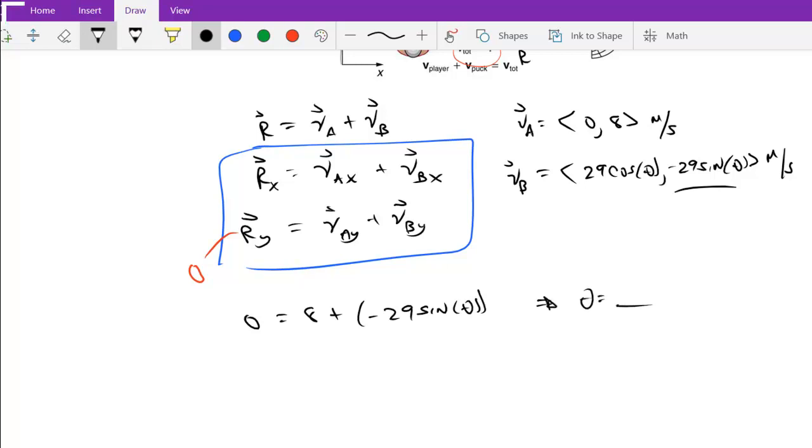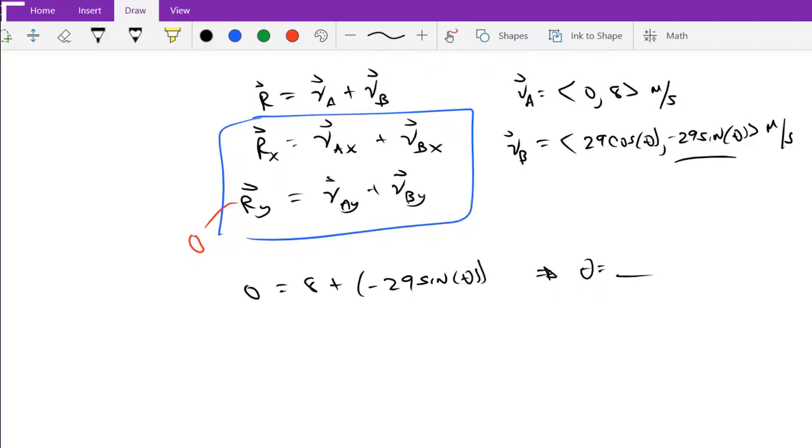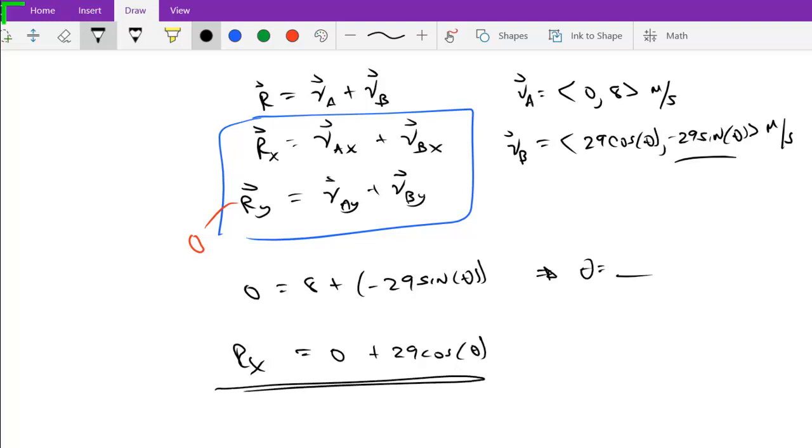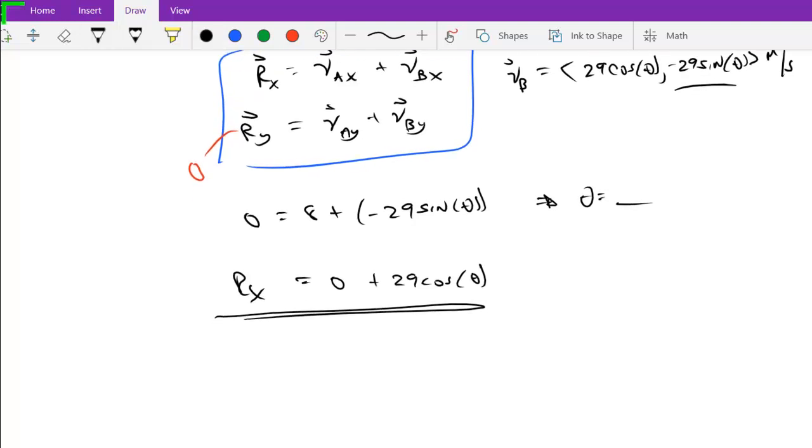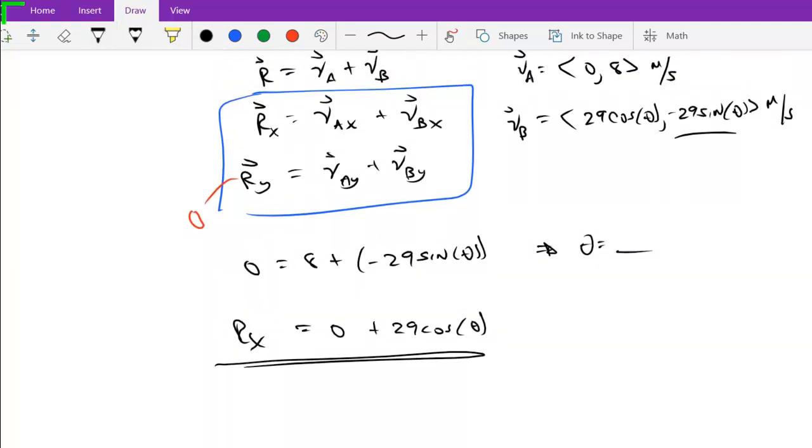So we have theta is equal to something. And once we have theta, we can find out what our resultant in the x direction is going to be. So the resultant in x will then be equal to VAX, which was 0, plus 29 cosine theta. And then we can get the magnitude of the resultant in the x direction, which we can use to find the magnitude of the velocity.